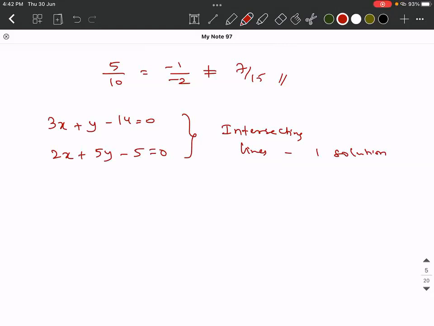Find the value of p for which the pair of linear equations has exactly one solution. Sorry, I closed it. So what are the equations?